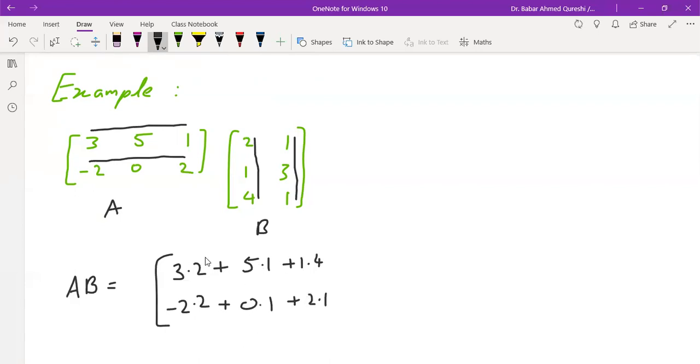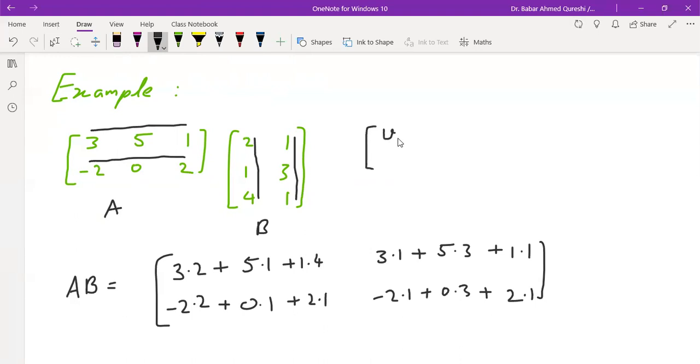So this is your first column. And now you just take the other column and do the same procedure. 3 times 1 plus 5 times 3 plus 1 times 1, minus 2 times 1 plus 0 times 3 plus 2 times 1. So if I write it symbolically, this is V1.